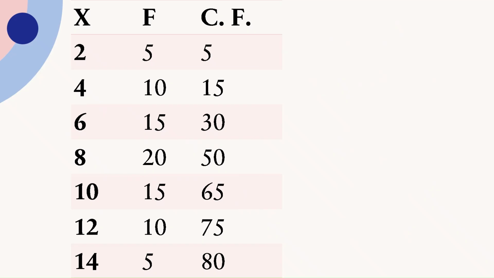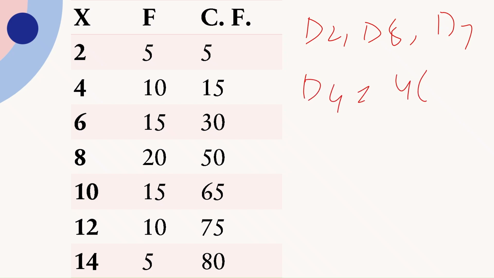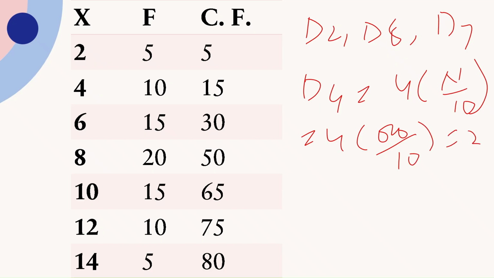Let's move to the second measure, deciles. We can find any decile, for example D2, D5, D7. Let us check D4, which is equal to 4 times n by 10. As you know, deciles divide the data into 10 parts. So 4 times 80 by 10 is equal to 32. Same pattern, we select 32 here, which comes in 50.